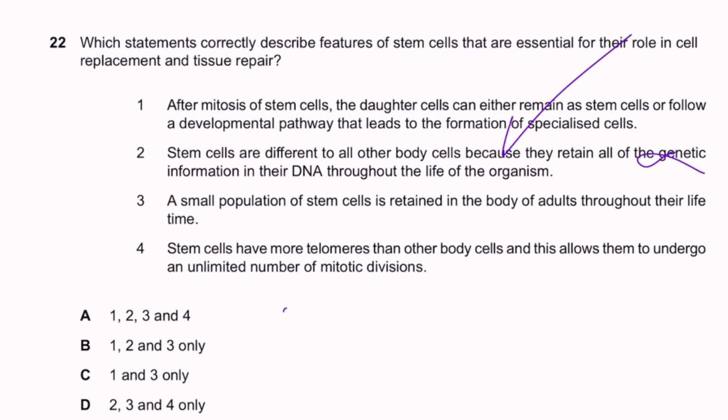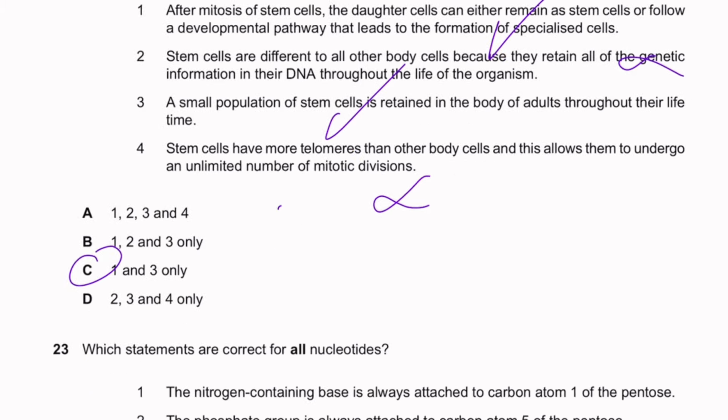Yes, we do have a small population, and that is a true feature of stem cells. Okay, my pen died. 4, stem cells have more telomeres than the other body cells, and this allows them to undergo an unlimited number of mitotic divisions. Actually, stem cells have the same number of telomeres as all other body cells. It's just that theirs are always longer because they have the telomerase enzyme. And so 4 is wrong and 3 is right, so it's 1 and 3 only.